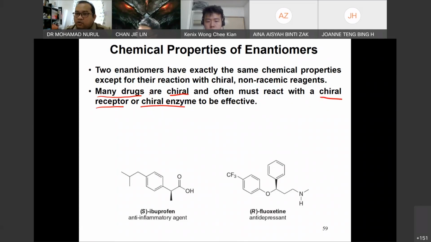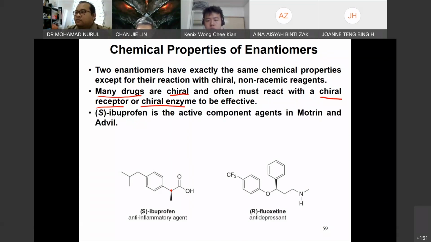That's why anybody doing biomolecular work, like myself, needs to assign the chiral center correctly, to make sure they are in the right arrangement in receptors, because in our body it's represented in 3D. So the drug has to capture or react with the chiral receptor or enzyme to work effectively.